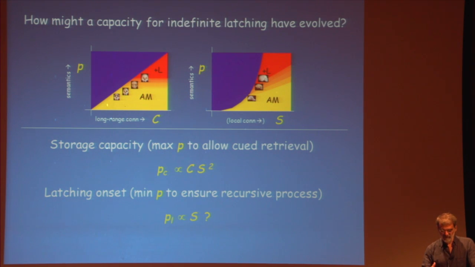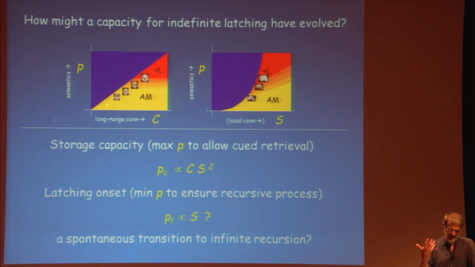The same system would be endowed with these new dynamics, which would correspond to the idea of infinite recursion. So infinite recursion may emerge through a kind of spontaneous transition induced by the increase in connectivity.